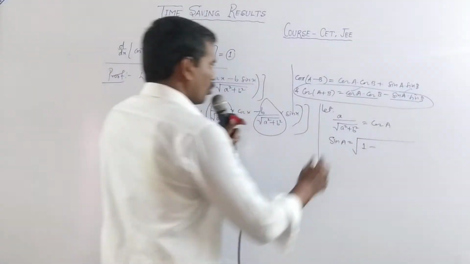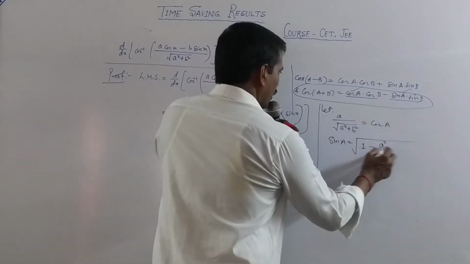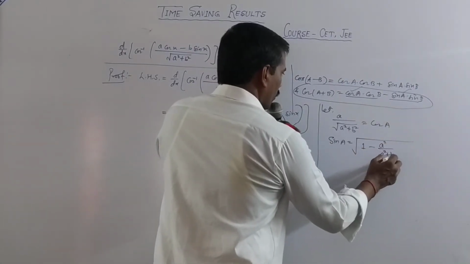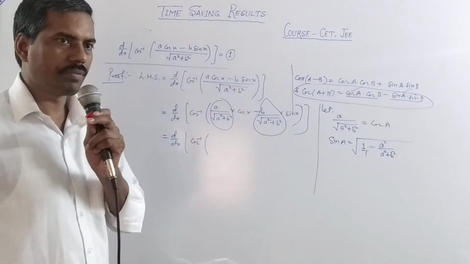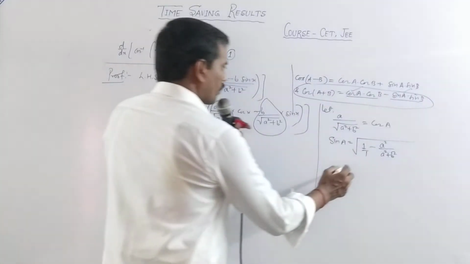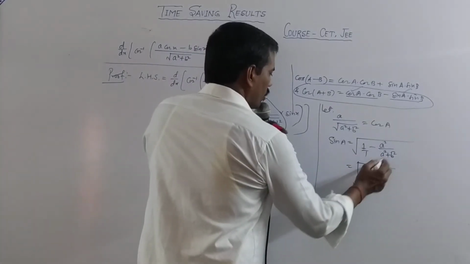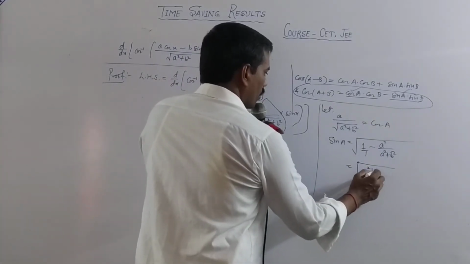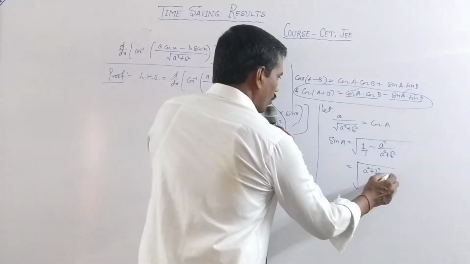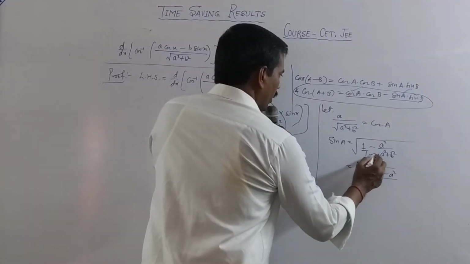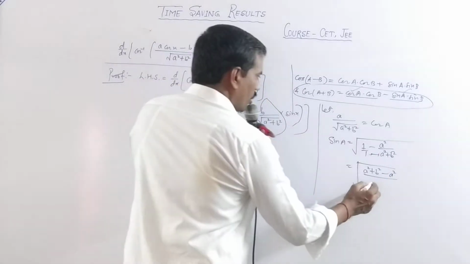Squaring, we get a square upon a square plus b square. Writing 1 as 1 by 1 and using cross multiplication, we get (a square plus b square minus a square) divided by (a square plus b square).